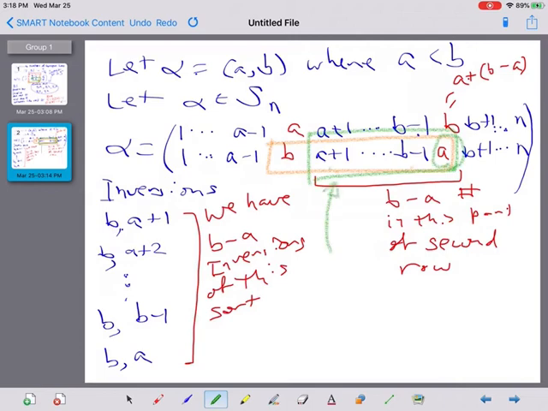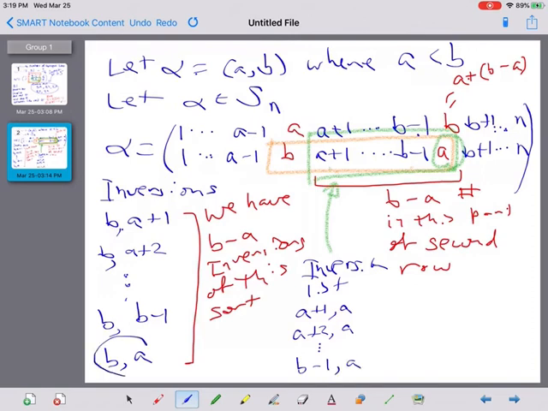So we get an inversion list that looks like A plus 1, A; A plus 2, A; and this continues on until we get down to B minus 1, A. It's important to realize that the inversion B in front of A was already counted in our first list.